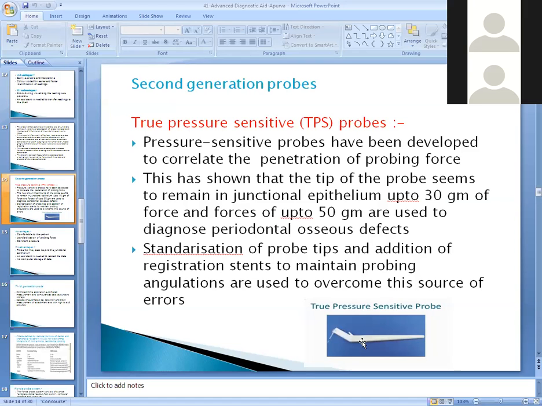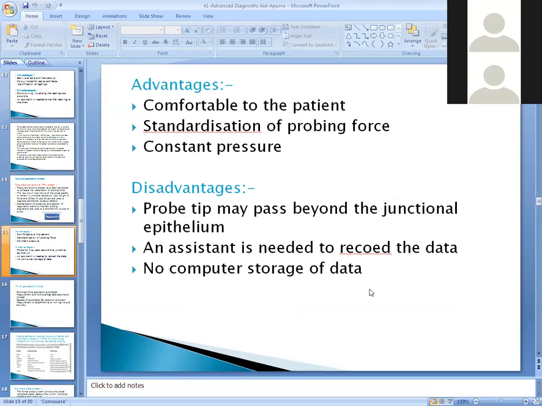This spring coil maintains probing force up to 30 grams or 50 grams, and beyond that it will not increase your probe force: 50 grams for osseous detection, osseous defects, and 30 grams for reaching the base of the sulcus. So standardization is there, but the main disadvantage is that you lose your tactile perception.